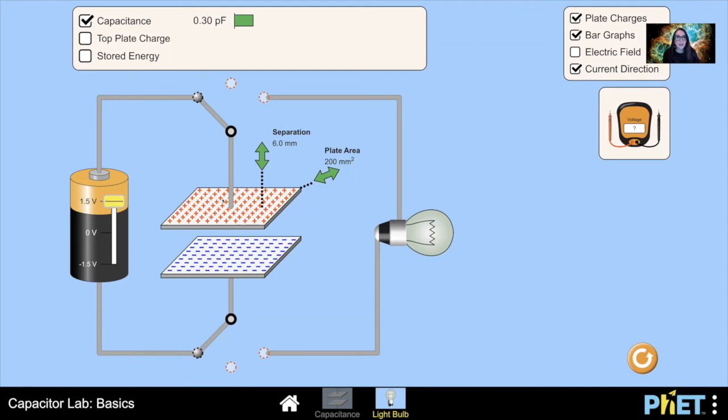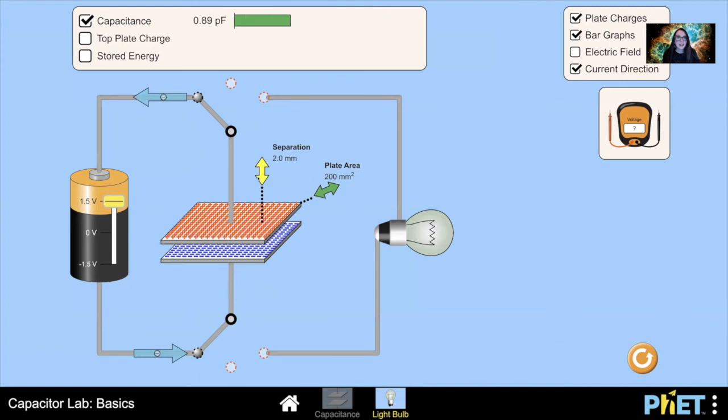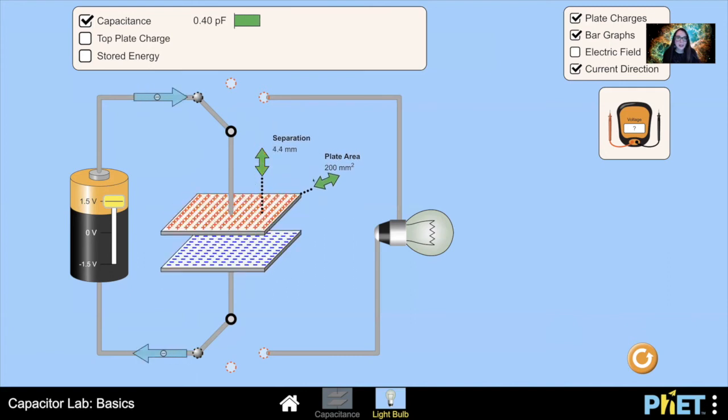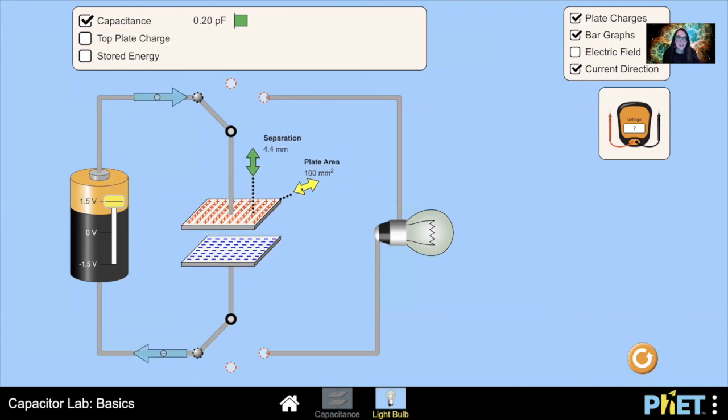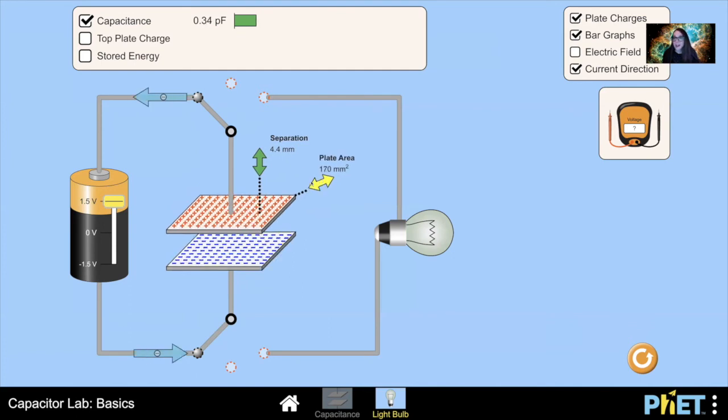And then we see that we've gotten positive charges on the side of my capacitor that's on the positive terminal of the battery, and negative charges on the side of my capacitor that's on the negative terminal end of the battery. And I can increase and decrease the separation between the plates, and increase and decrease the area of those plates, and you can see how that changes the capacitance.